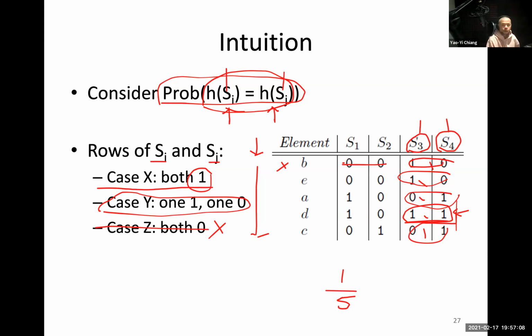Before, the elements were A, B, C, D, E, and now it becomes B, E, A, D, C. It's a random permutation. Okay, got it. We're going to talk about this next time.